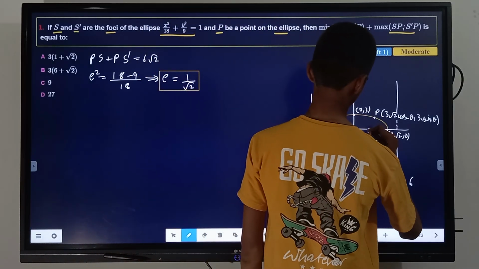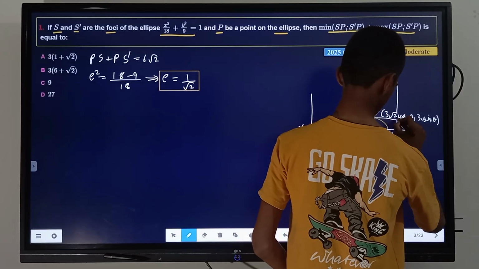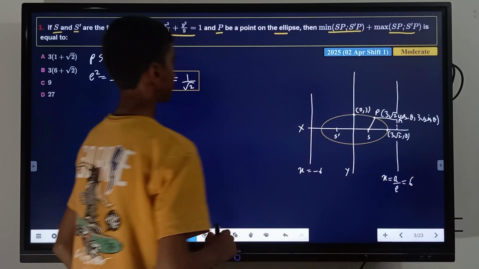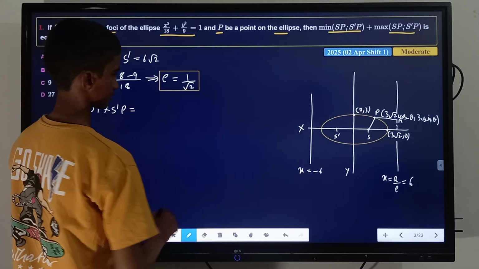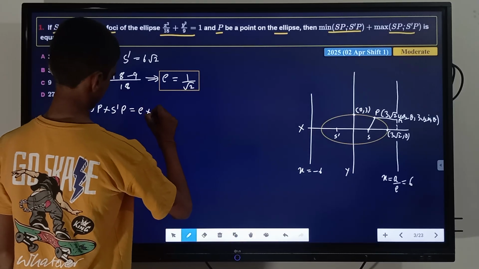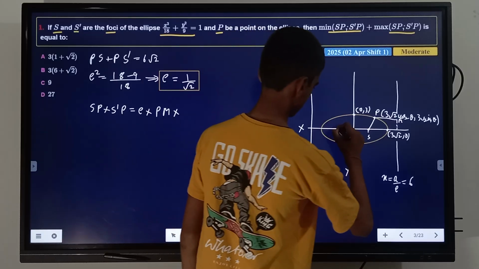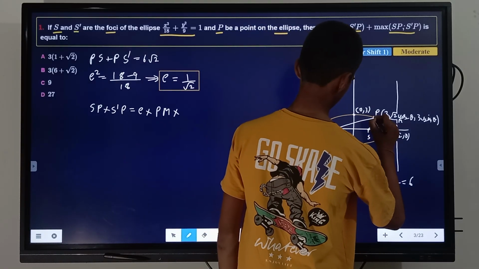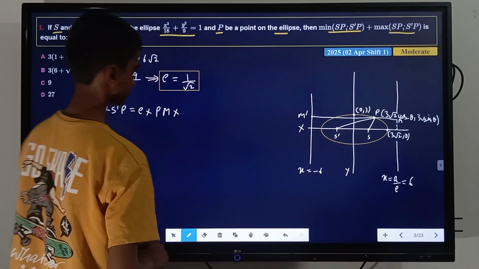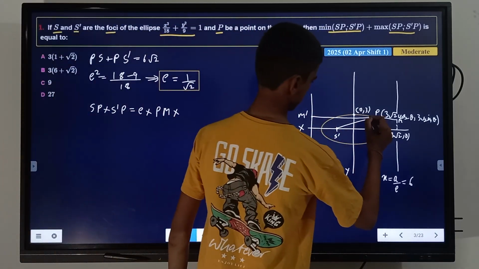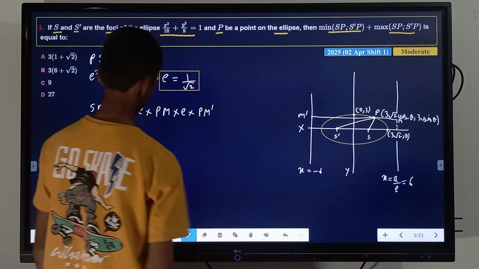Now SP will be e times PM. First let's write SP into S dash P. This is equal to SP is e times PM, into S dash P will be e into PM dash, e square into PM into PM dash.